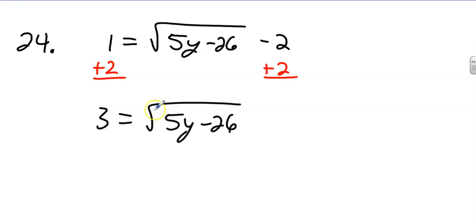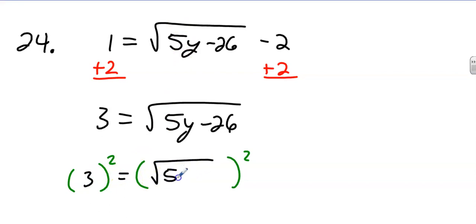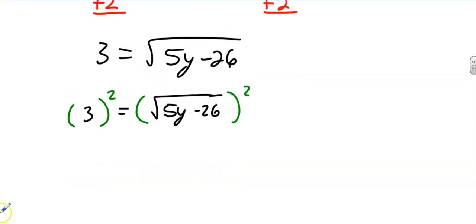To get rid of this square root, we're going to square both sides. Okay, and when you square the square root, all that goes away, leaves you with just what you have on the inside, which is the radicand. And now you've got just a regular normal expression.